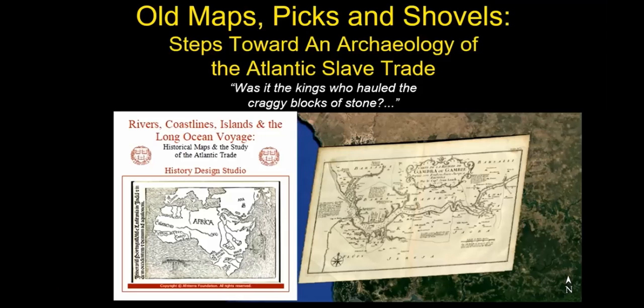Well, you can see why we began to think of the use of these maps as taking a step toward an archaeology of the Atlantic slave trade, because these maps don't answer so many questions as they pose many, many more. They enable us to look at rivers, coastlines, and islands, and the long ocean voyage in a very different way than we were able to do so prior to access to these maps.